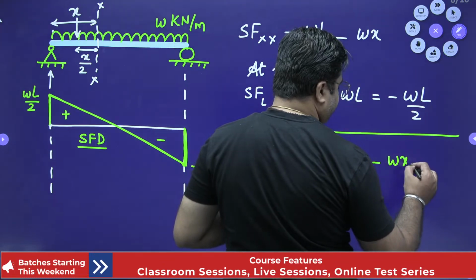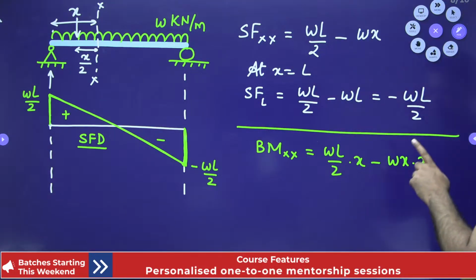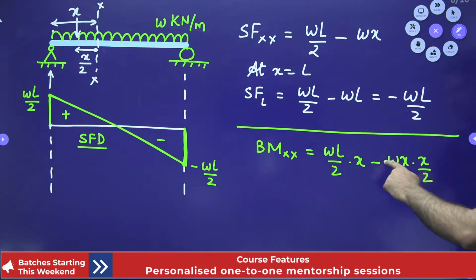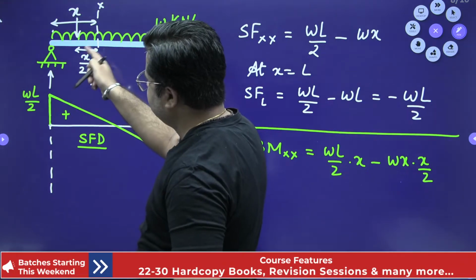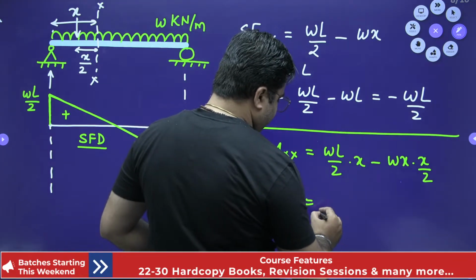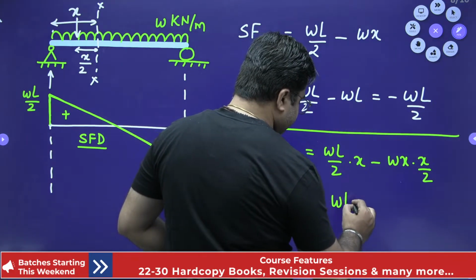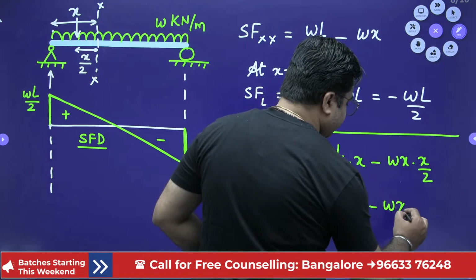This will try to hog the beam like this. So when you just do the calculation, you will have WLX by 2 minus WX square by 2.